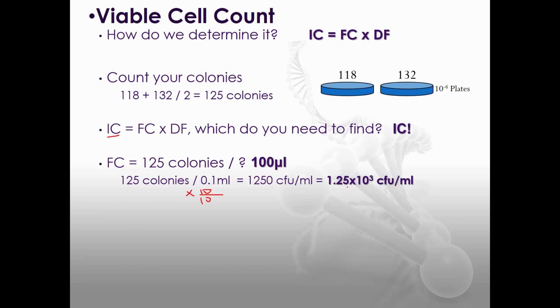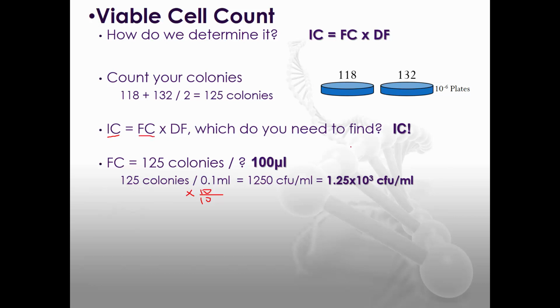By the way, I've seen some people do 12.5 times 10 to the 2. That's engineering notation. In scientific notation, the decimal point goes after the first number. So 1.25 times 10 to the 3 colony forming units per mil. That's our final concentration. So we got that one now.